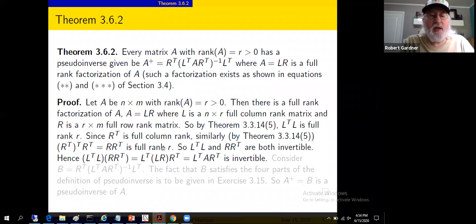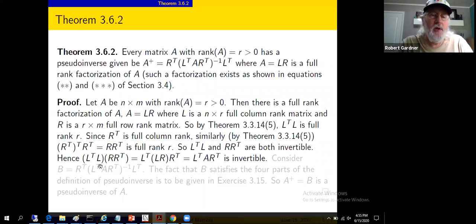All right, so we've got two full rank matrices, L transpose L and R R transpose. Well, if they're full rank, then they're invertible. So let's take a product of those two matrices, L transpose L times R R transpose. If both of these are invertible, then the product is invertible. We're trying to get matrix A into the conversation somewhere.